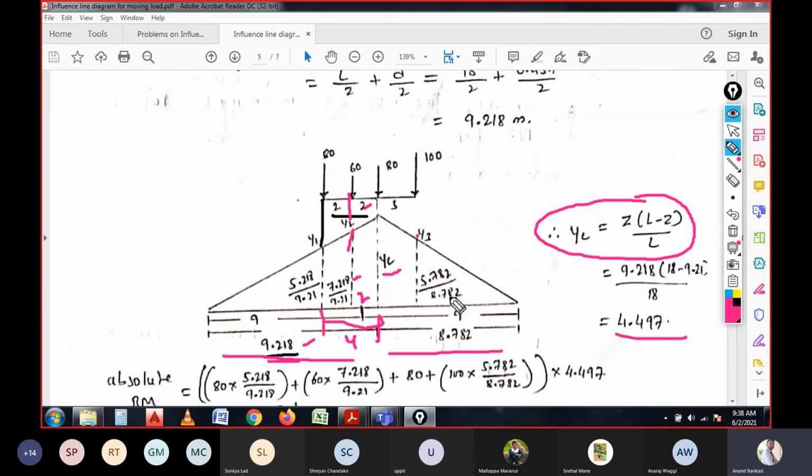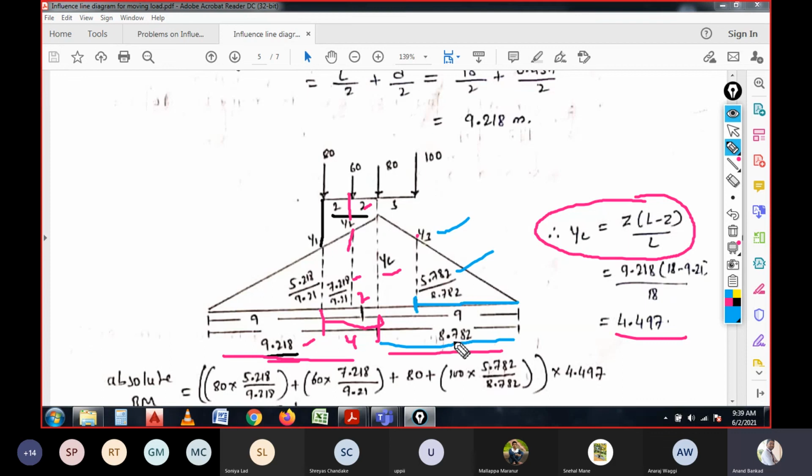And again, to get this y, that is the load y3, the coefficient of y3. The total span on the right side is 8.782 meter, and that is the distance from here. If you deduct 3 meter from the span of 8.782, you will end up here, and that will remain 5.782.